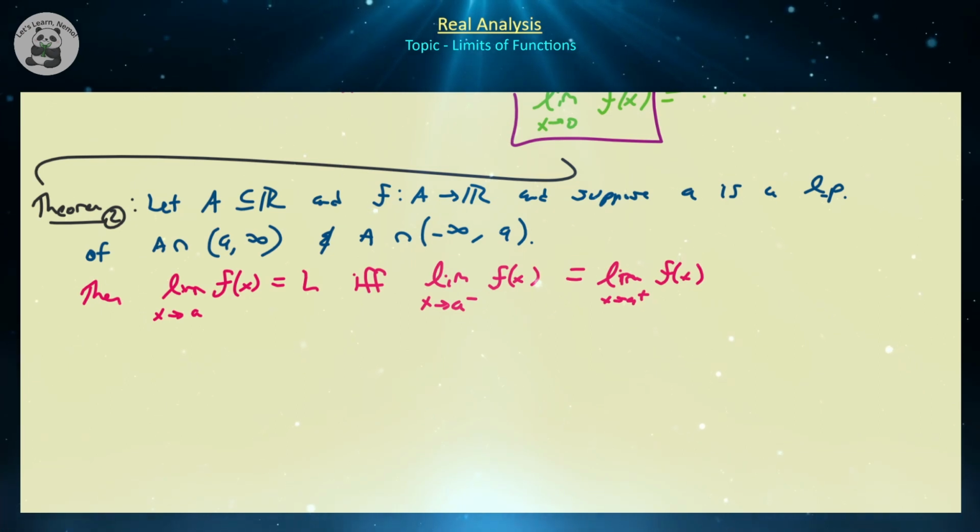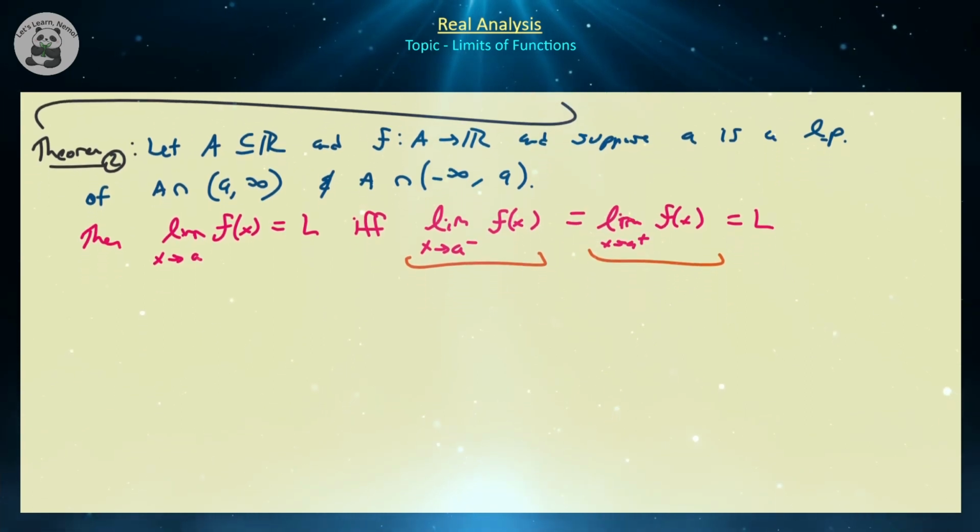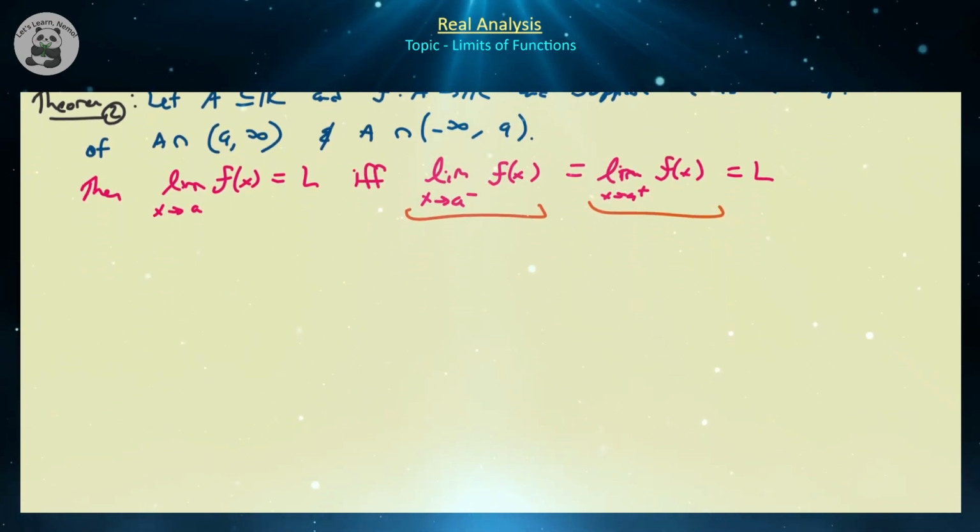Moreover, they have to be equal to the same number, right? So you could take the contrapositive of the statement and say, if the two one-sided limits do not equal each other, then the limit does not exist. And keep in mind that you can also prove that the algebraic properties for limits still hold, so you can use those properties with no big deal, but you can prove them formally if you desire.